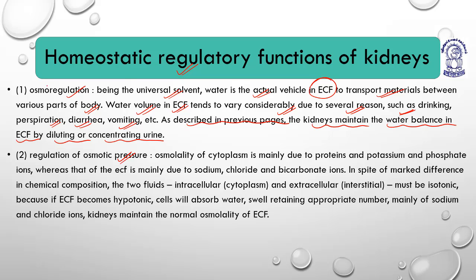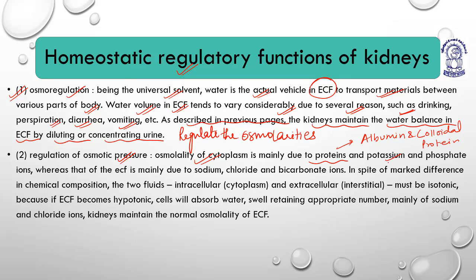Regulation of osmotic pressure. The kidneys help to regulate the osmolarities. The osmolarity of the cytoplasm is mainly due to proteins, especially albumin and other colloidal proteins, and potassium and phosphate ions, whereas that of the ECF is mainly due to sodium, chloride, and bicarbonate ions.